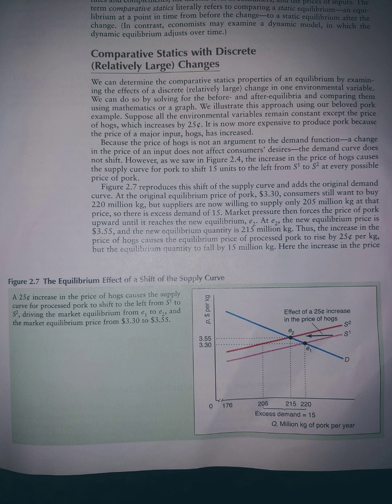Figure 2.7, the equilibrium effect of a shift of the supply curve. Caption reads, a 25% increase in the price of hogs causes the supply curve for processed pork to shift to the left from S¹ to S², driving the market equilibrium from E₁ to E₂, and the equilibrium price from $3.30 to $3.55.